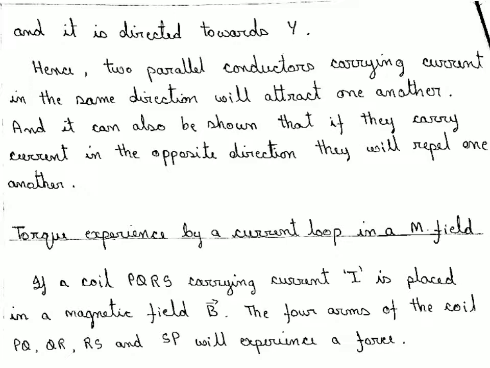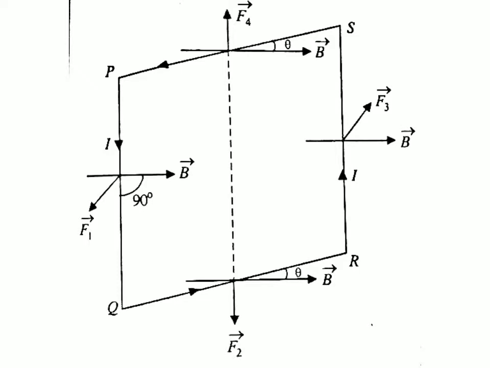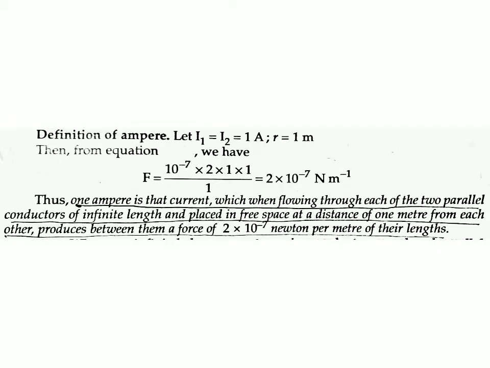And if you can recall from chapter 1, we defined one coulomb by using the force experienced by two charges. So here also we can define 1 ampere by using the force experienced by the two conductors. To define the 1 ampere, we keep I1 equal to I2 equal to 1 ampere and R equal to 1 meter, so that the force per unit length experienced by the two conductors is equal to mu naught by 2 pi.